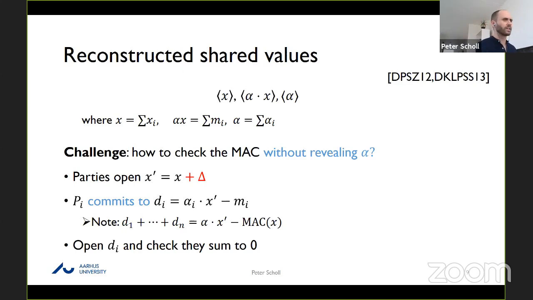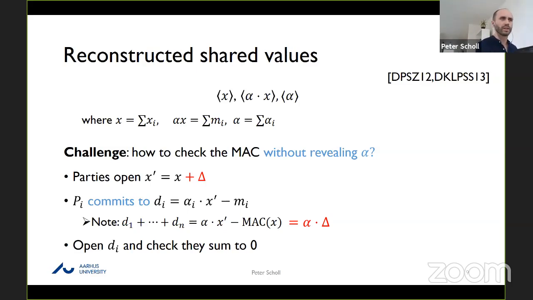Okay, so why does this actually give us a sound way of opening the MACs? Why can a party not cheat? Well, suppose we have this error delta in the original opening of x. Then when you compute this sum over all of the d values, what this error translates to is an error multiplied by the MAC key, because you have alpha times x prime.